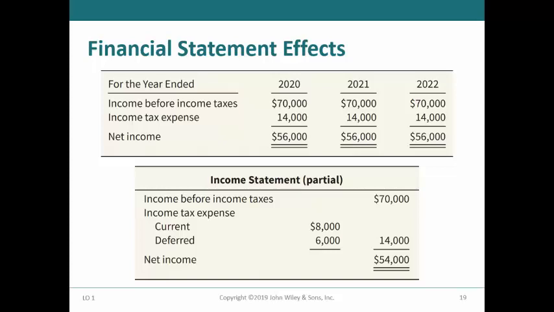The deferred portion, $6,000, is the amount that we will owe in the future when the revenue begins to be reported on the tax return. This information can be presented on the face of the income statement, but more often it is reported in the notes, and the entire $14,000 is reported on the face of the income statement.